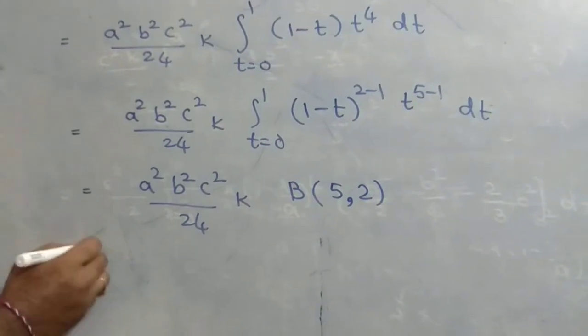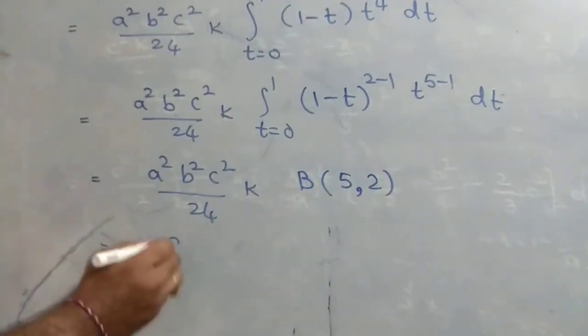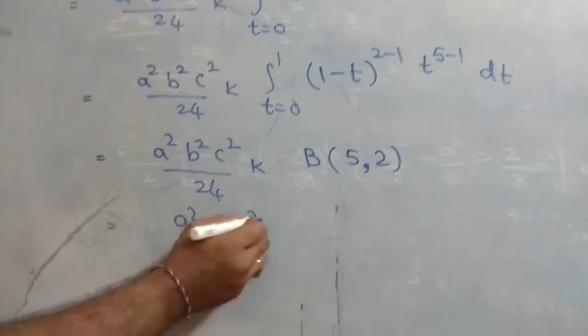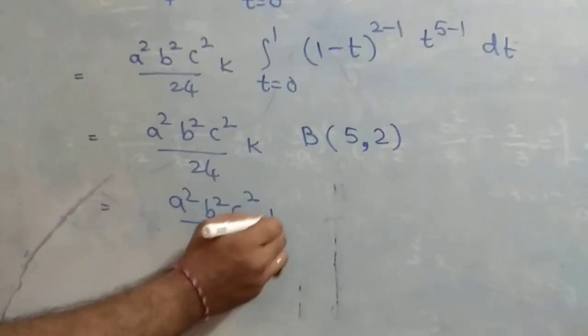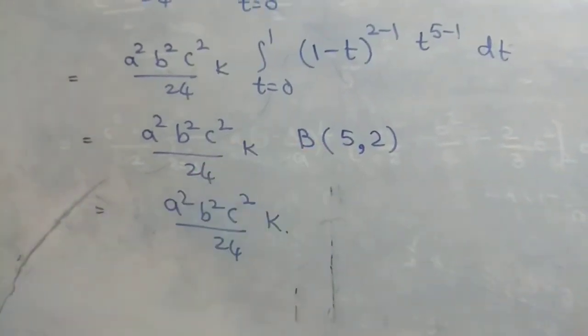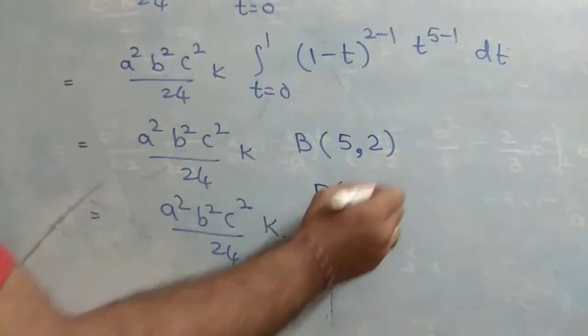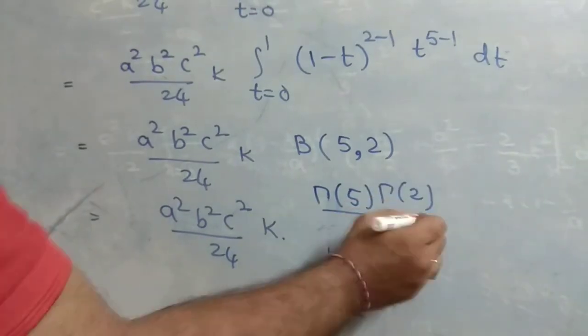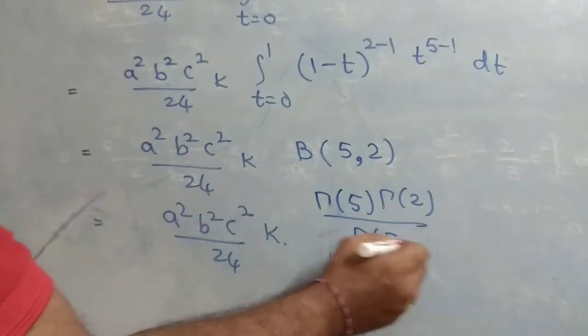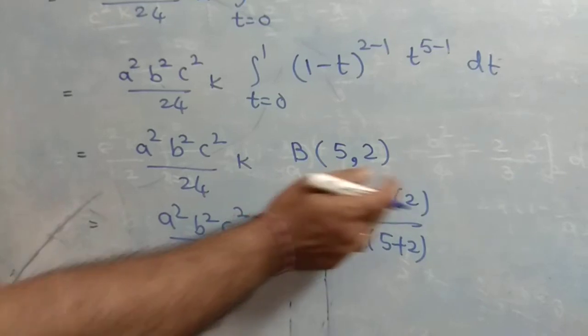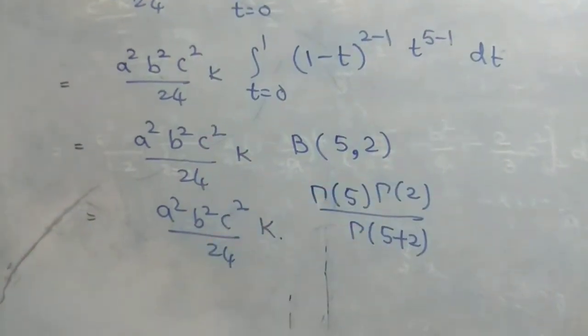So now this is equal to a square b square c square divided by 24 into k. Is there any relation between beta function and gamma function? That I can write: gamma 5, gamma 2 divided by gamma of 5 plus 2, that is gamma m, gamma n divided by gamma of m plus n.